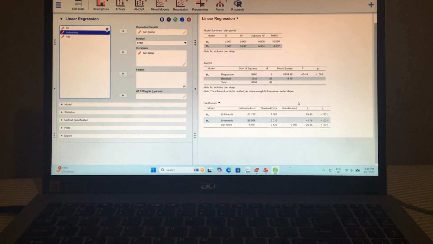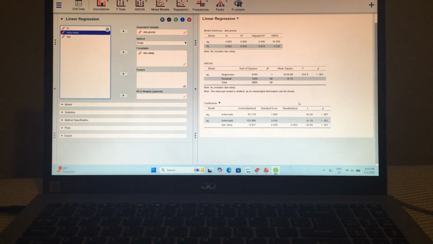Okay, that makes sense because it's n minus 2. So T, parenthesis 98, equals negative 20.9, comma, p less than 0.001, comma, r squared equals 0.82, and that's from the top table.